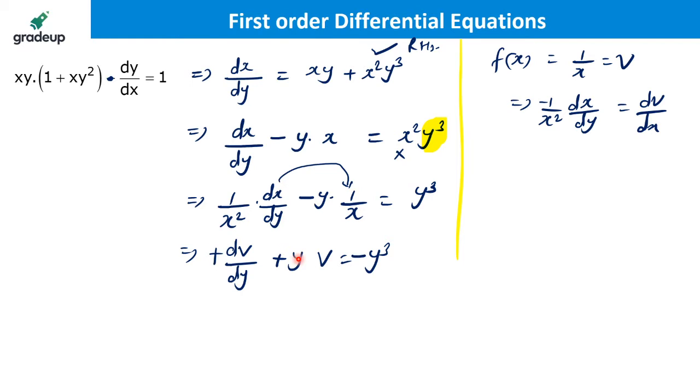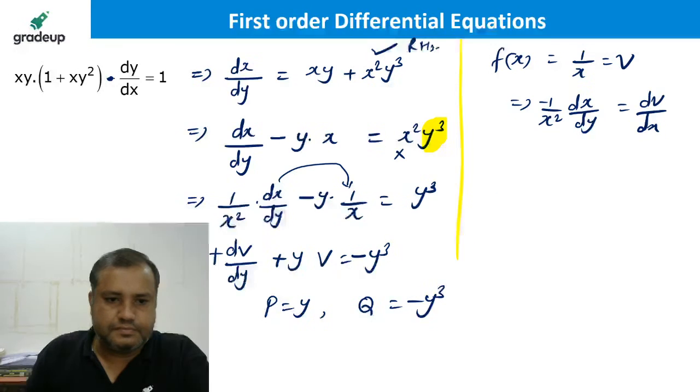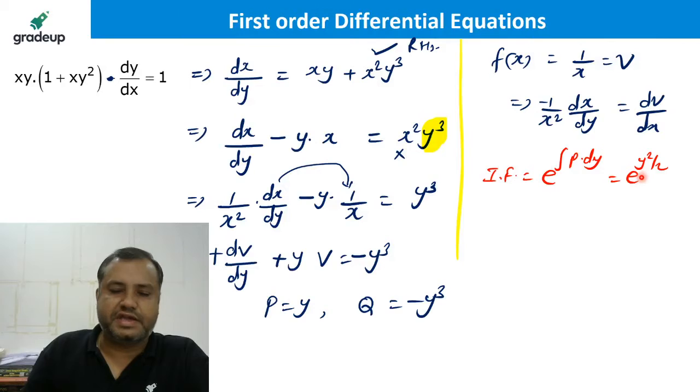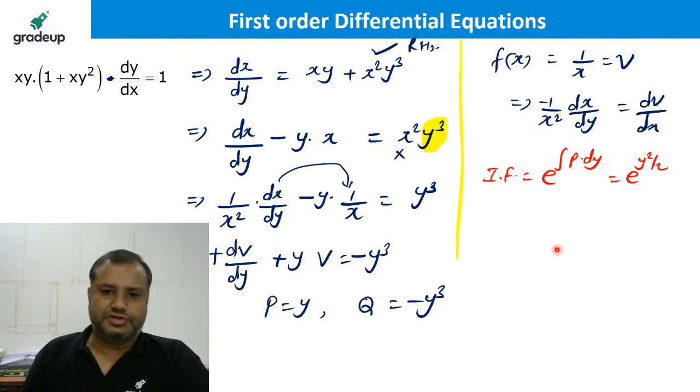So we can say that this is p and this is q. Now you can find the IF. This is the IF. You can proceed for the solution.